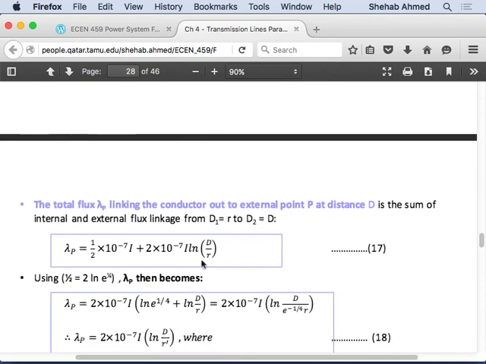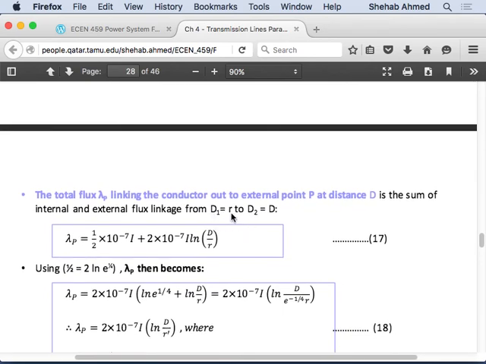I think what they do here is what I was just mentioning. D1 is equal to R, and D2 some point in space D. Right?